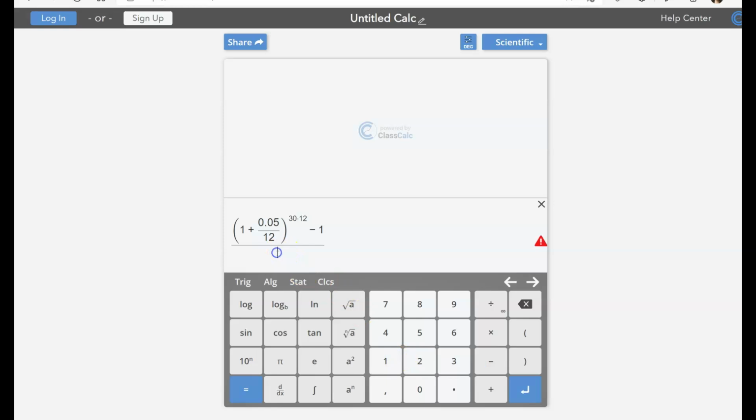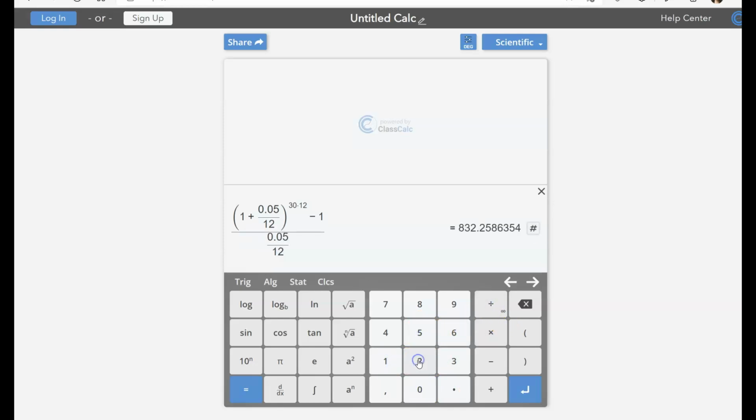That's the numerator. Divided by 0.05 divided by 12. That is 832, and then you have to write as many decimal places as you can so that you get to the close value, so we just write this whole amount here.